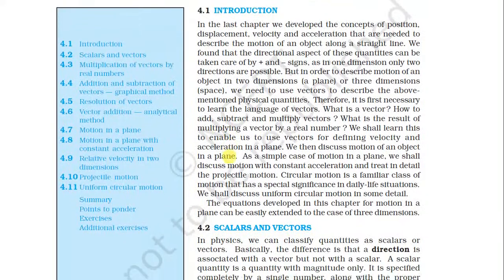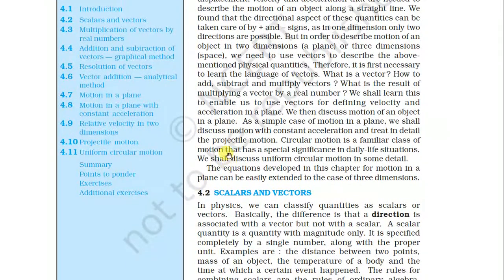So in this lecture we will discuss how to develop the equations in three dimensions. We also discuss the motion of an object in a plane, with constant acceleration, and projectile motion in detail.